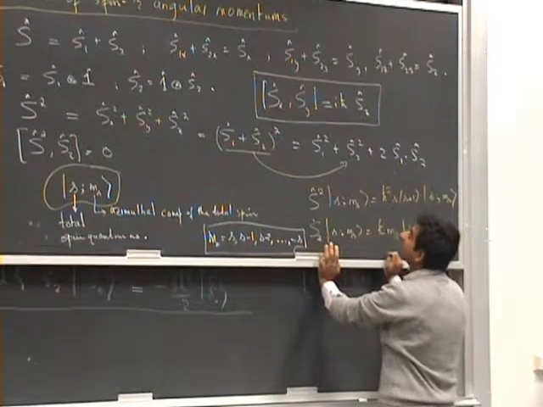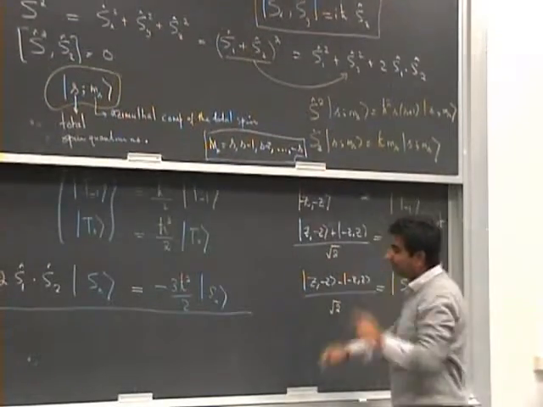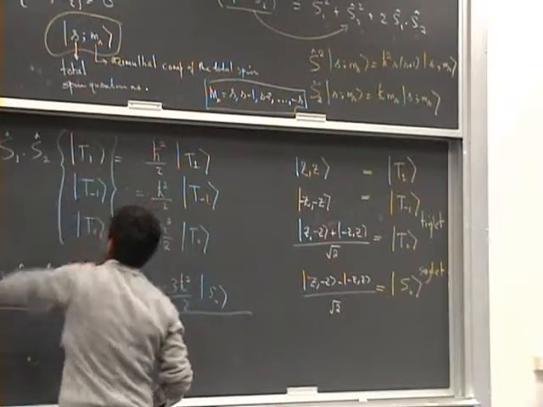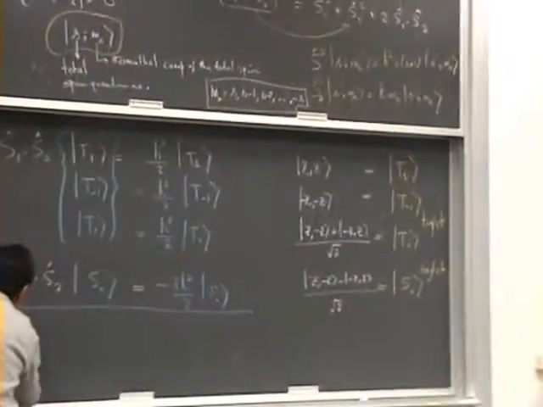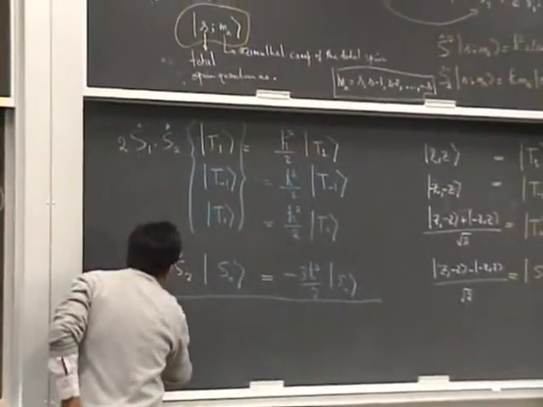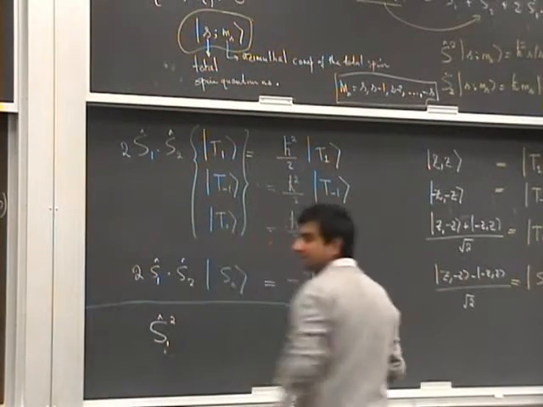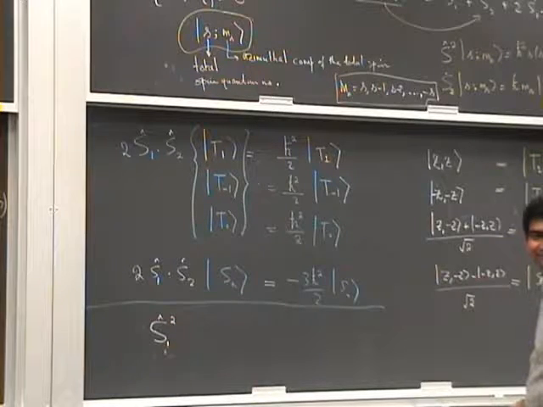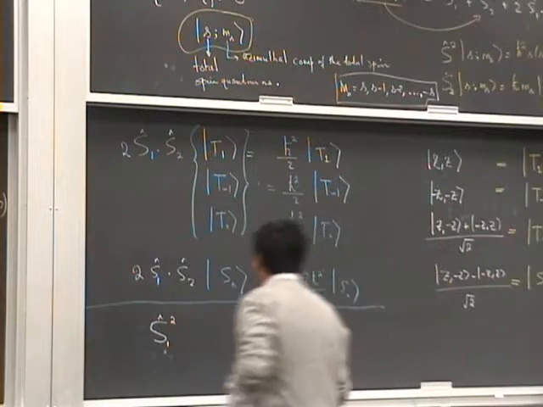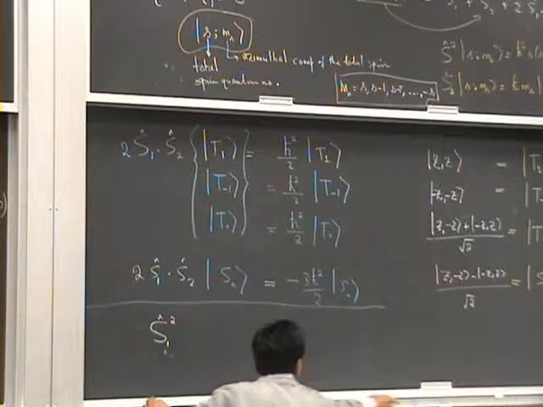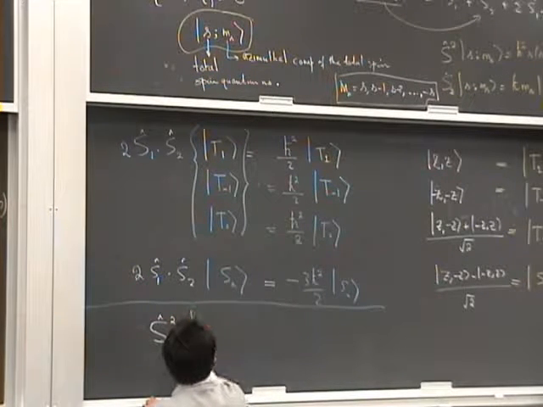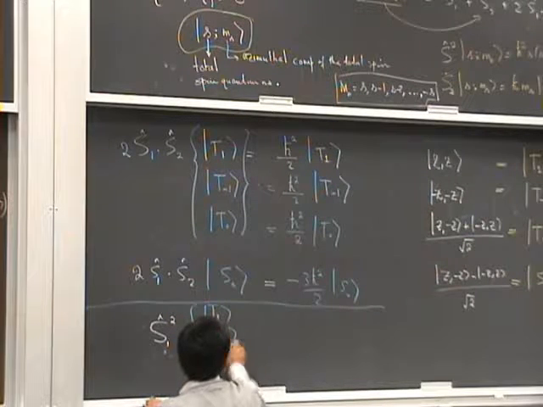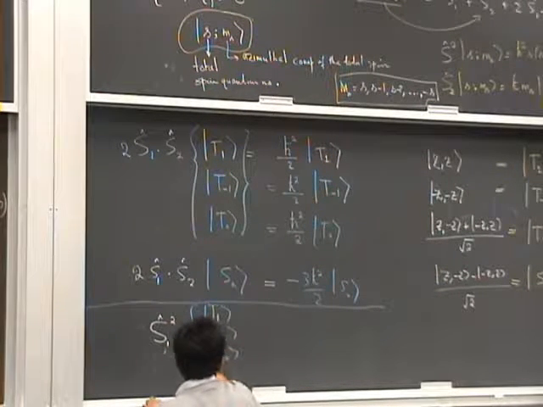Now let's see what happens when S1 squared acts on these states: T1, T minus 1, T0, S0.